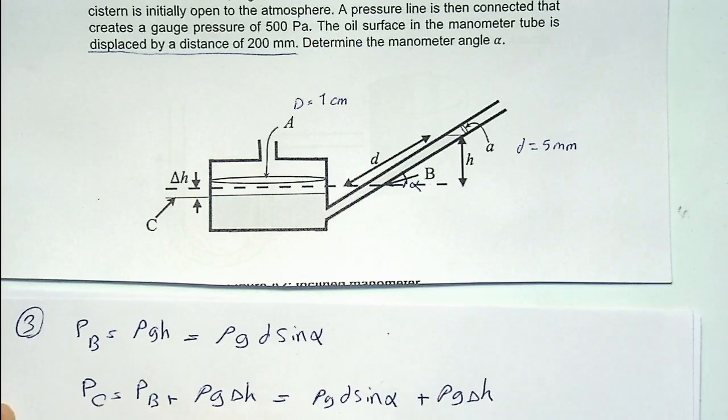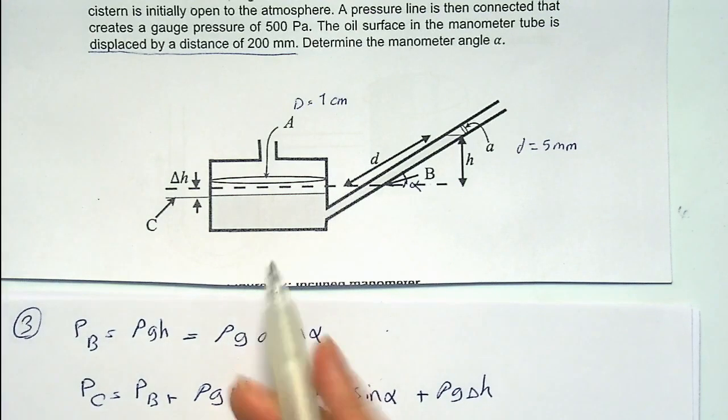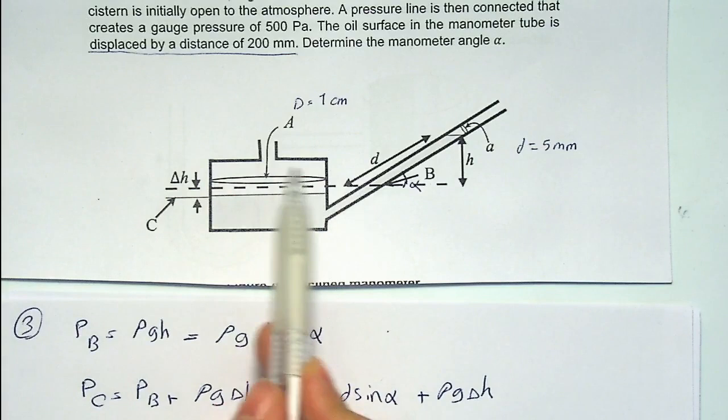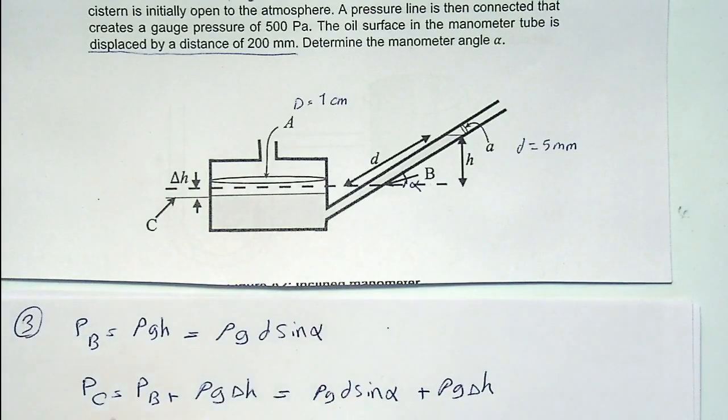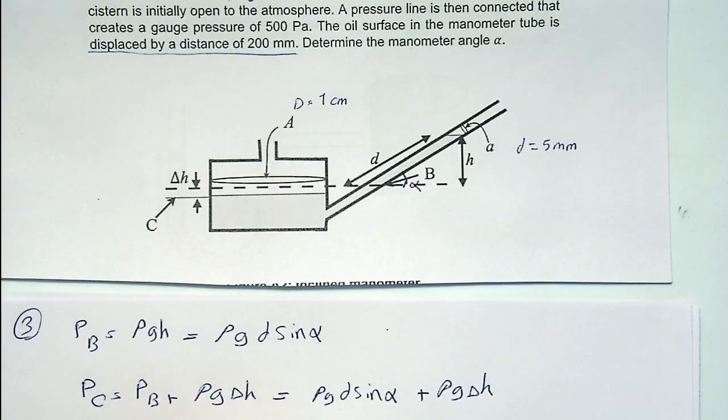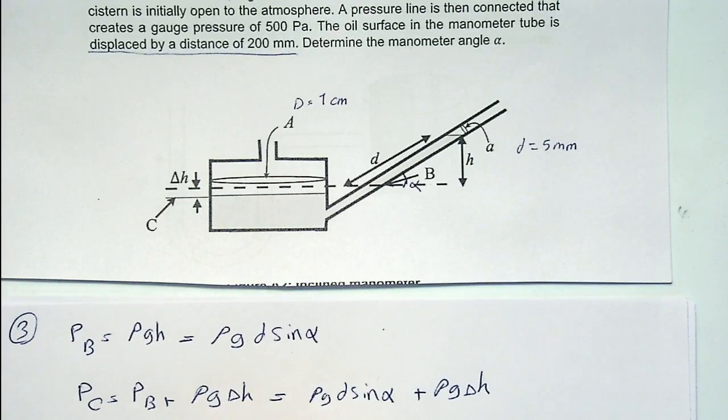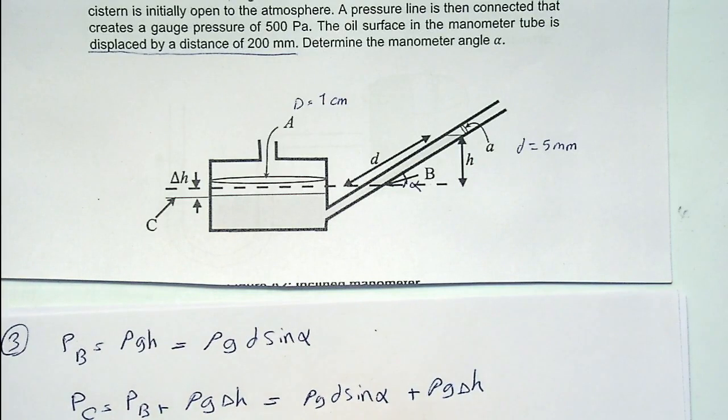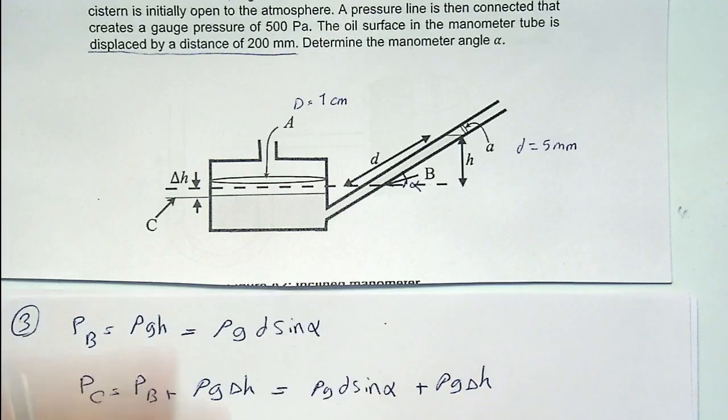So, as I said, the volume of the oil that has been displaced from the cylinder is now gone to the tube. So I would write volume of oil displaced.